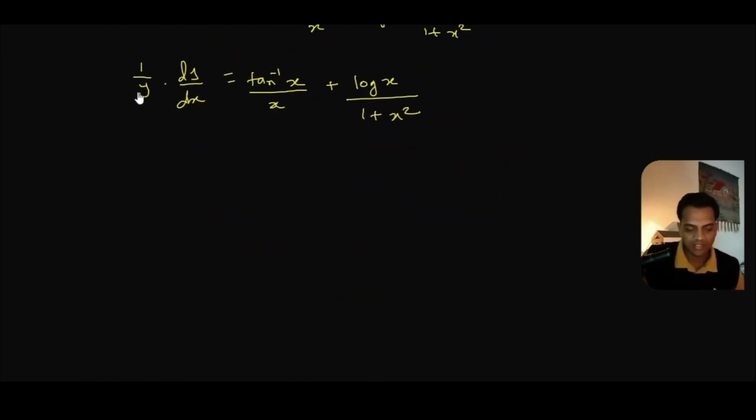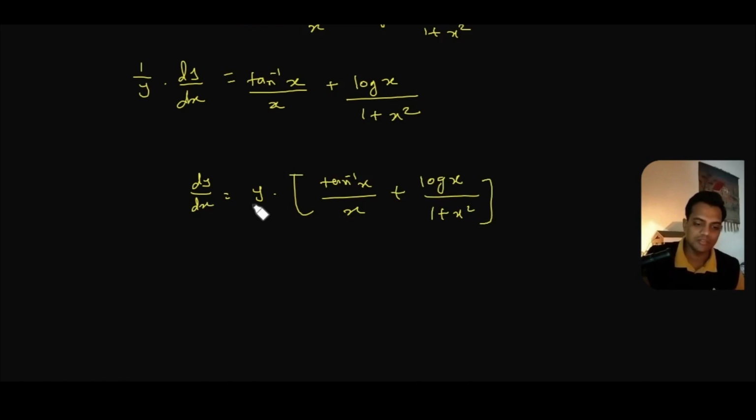For that I have to move this y to the other side in this multiplication. So dy by dx is equal to y into tan inverse of x divided by x plus log of x divided by 1 plus x square. Now I can put in the value of y.